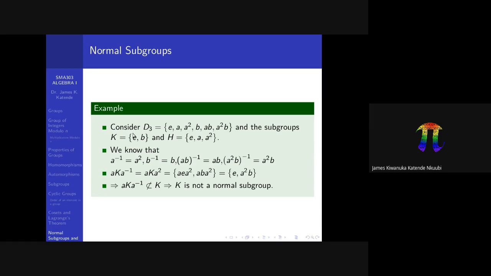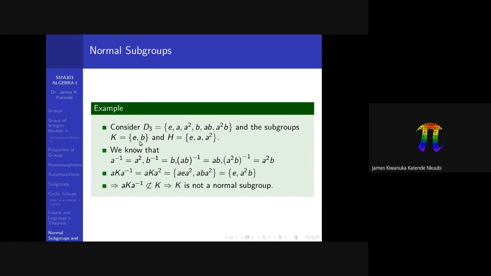So let's start with K. We want to check if K is normal. We multiply by A on the left and A inverse on the right. We know A inverse is A squared, so I can replace it with A squared in the next point. What this means is I need to multiply all the elements in K by A on the left and A squared on the right.